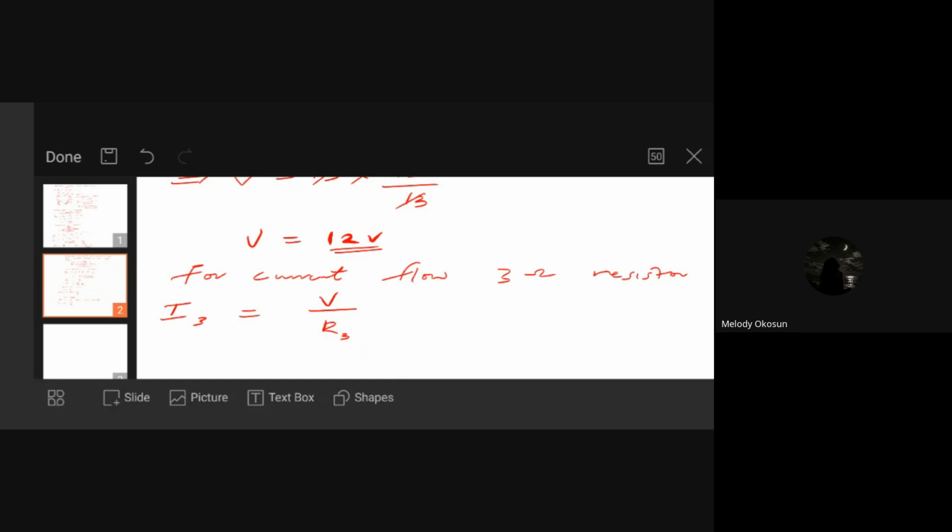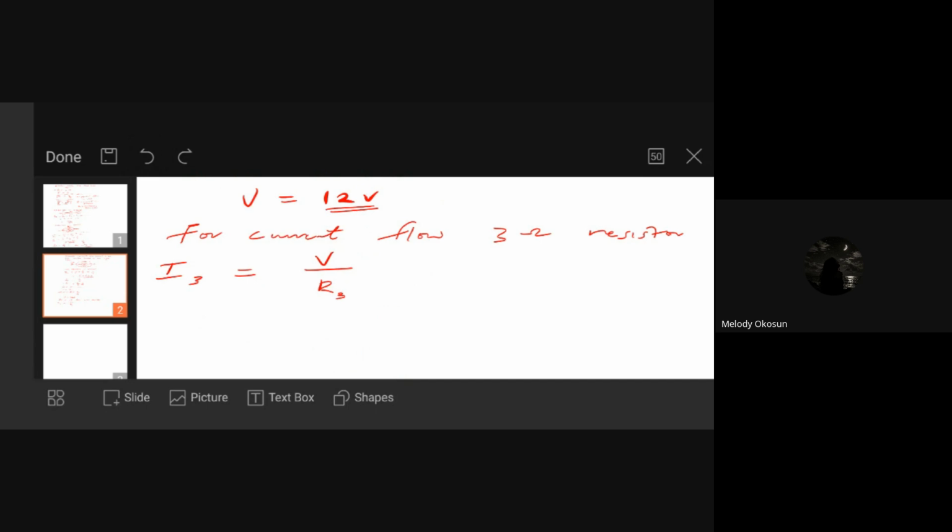Remember, what am I even doing? Remember, V is equal to IR. For those of you that may be confused, it means that if I make I the subject of the formula, I becomes V over R. That's exactly what I did here. So the current flowing through resistor 3, that's what I mean by I3, is equal to V over the resistance of that 3 ohm resistor.